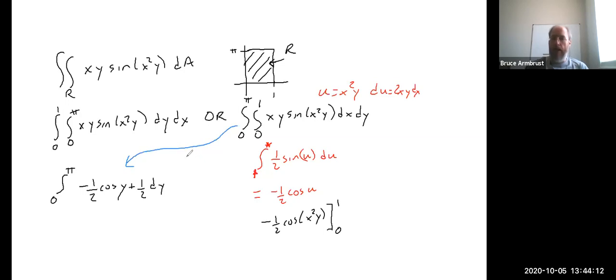Okay, so where does the x squared go when we replaced u equal x squared y? It didn't go anywhere. I put it back in. So right down here, you see the x squared y. That's still in there for the u. Are you talking about when I went to the next step? Okay, so going from the bottom right to over here to the left, I plugged in 1 and 0 for my x, because now I'm evaluating that integral.